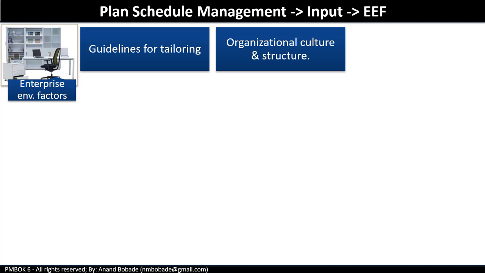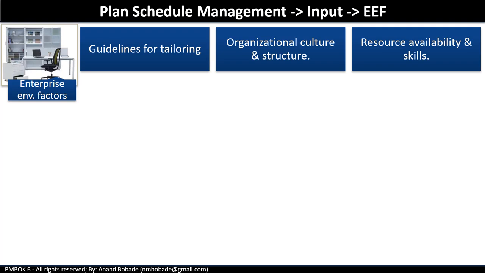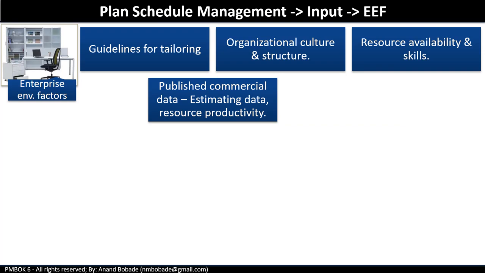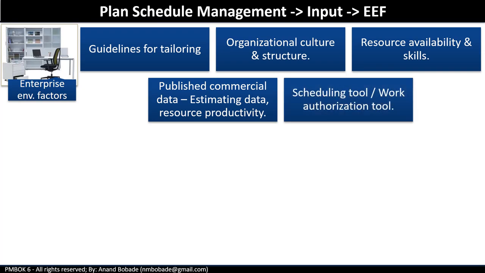If it is projectized, resources are loyal to the project, and in this case, the project manager will make the decisions. Availability of human resources, required skill set and physical resources within the organization, standardized estimating data based upon application area or industry, scheduling software such as Microsoft Project or Primavera. So all these enterprise environmental factors may impact schedule planning.